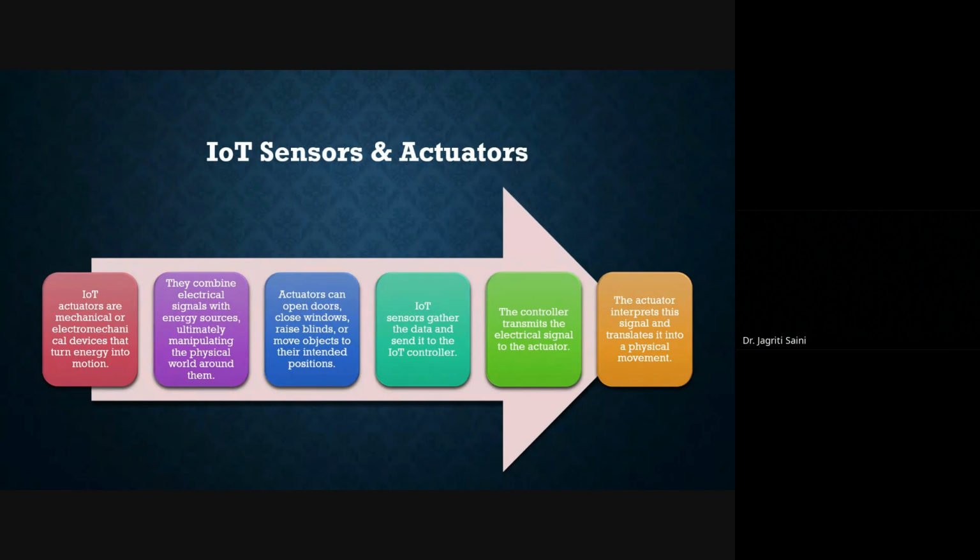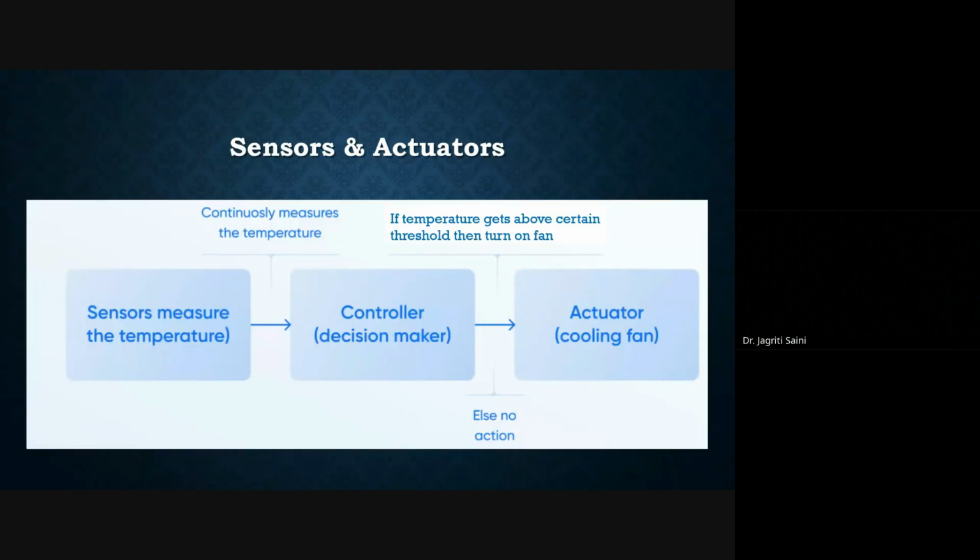That becomes your actuators. So while working on this, you have input gathered from the sensors, and there is an actuator such as a cooling fan that is going to make your final movement in that premises. And there has to be a controller as an intermediator that is going to make decisions. And this plays the most important role in your hardware setup.